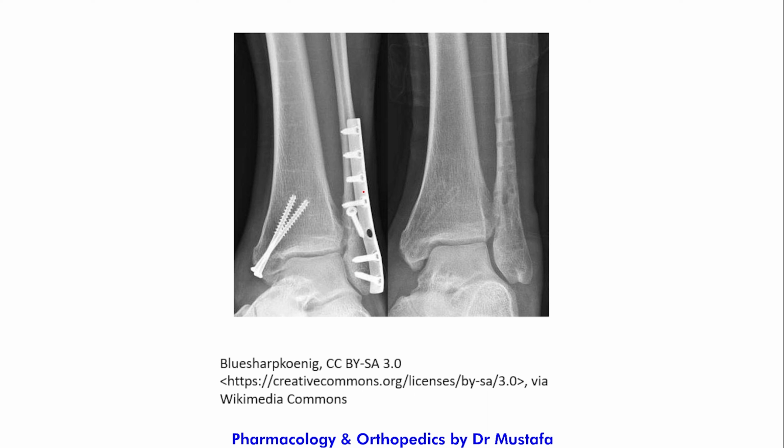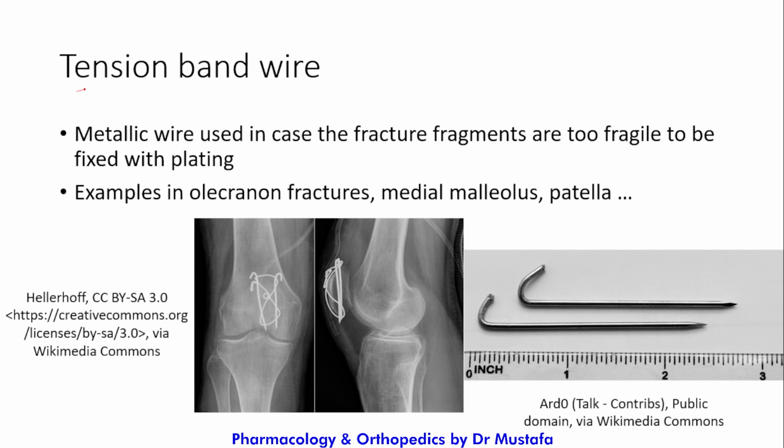The fibular fracture is being fixated by a plate and screws, and the medial malleolus is being stabilized with 2 lock screws. We also have the tension band wire. It is a metallic wire that is used in case the fracture fragments are too fragile to be fixed with plating. Examples are olecranon fractures, medial malleolus fractures, and patella fractures.